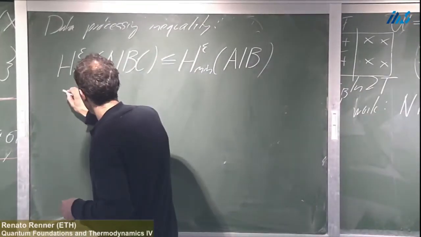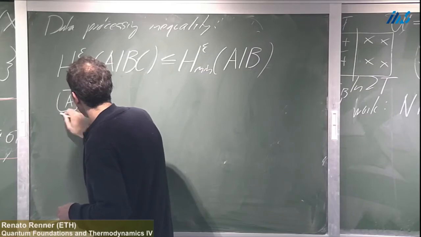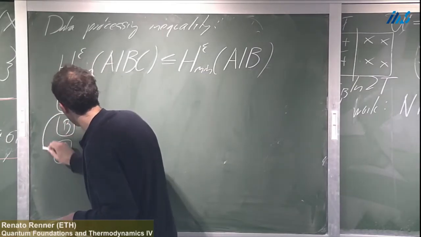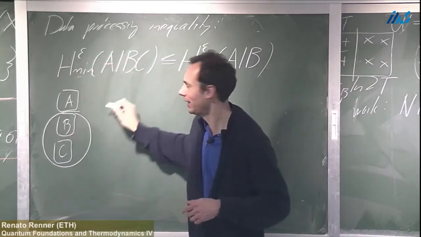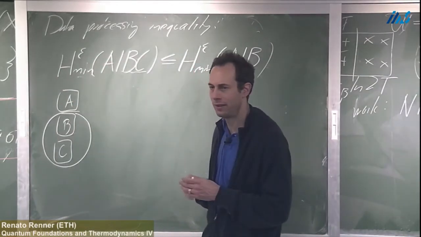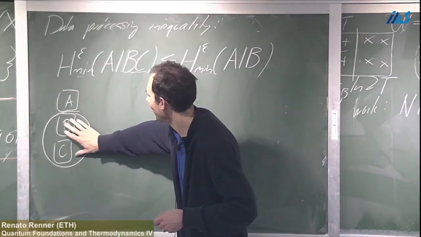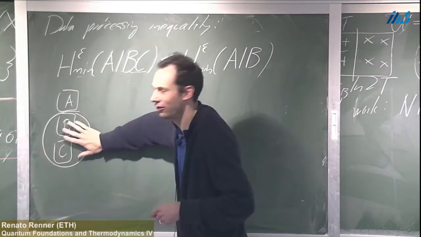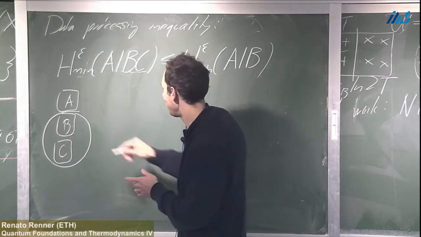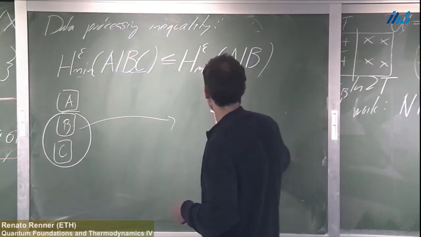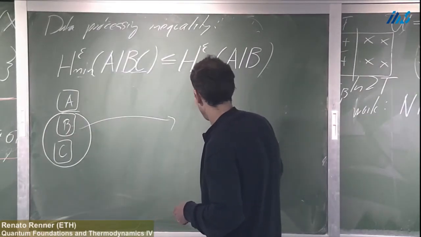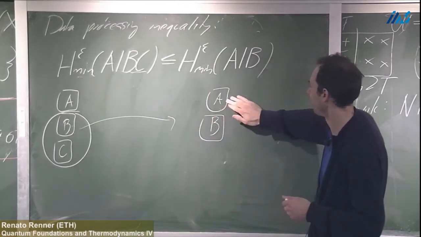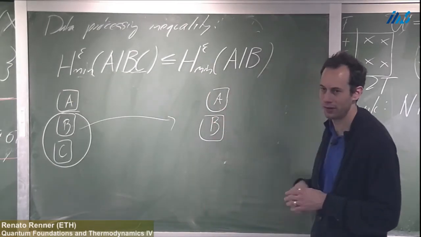I have a system A, a system B, and a system C. First I'm asking the question, taking B and C together: how uncertain am I about A if I consider all knowledge stored in these systems? And then I forget one. Here I look at the situation where I only have B, and I got rid of C. I'm now asking how much knowledge I still have left about A once I've forgotten C.